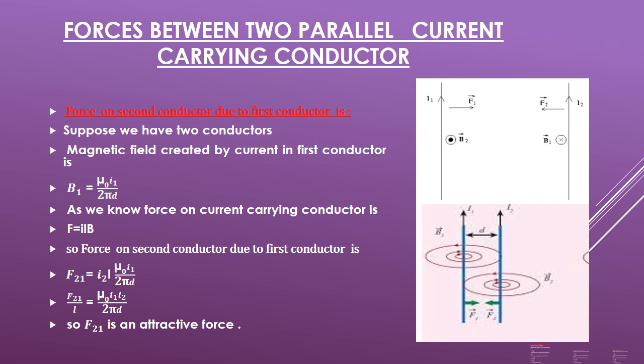This current carrying conductor creates a magnetic field all around it. So, conductor 2 is placed in the magnetic field of conductor 1. The question also arises whether conductor 2 is not creating a magnetic field. The answer is yes, it is creating a magnetic field, but it is its own current in its own magnetic field.